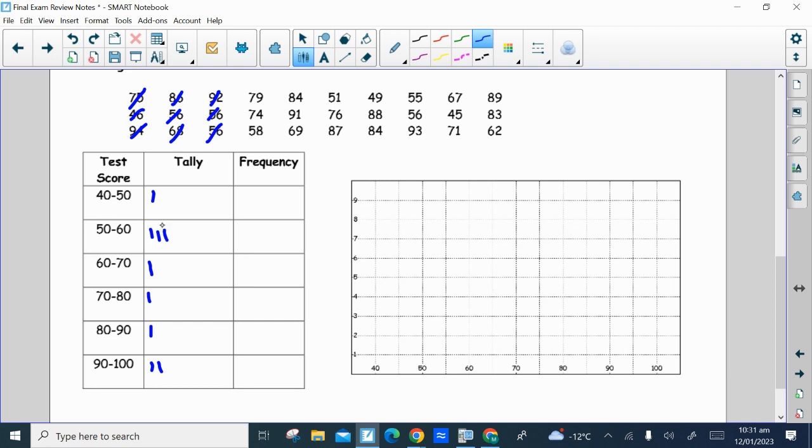So I have two more 56s. And if you add up the tallies, that'll give you your frequencies.